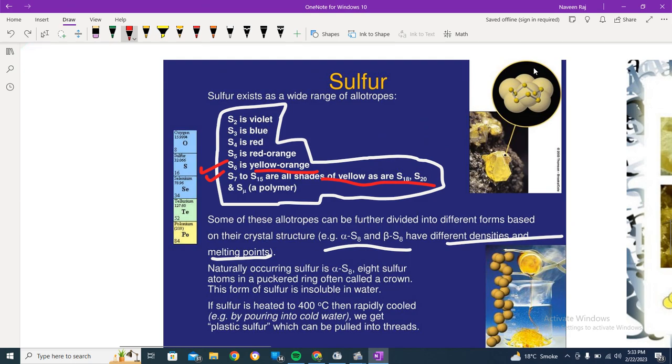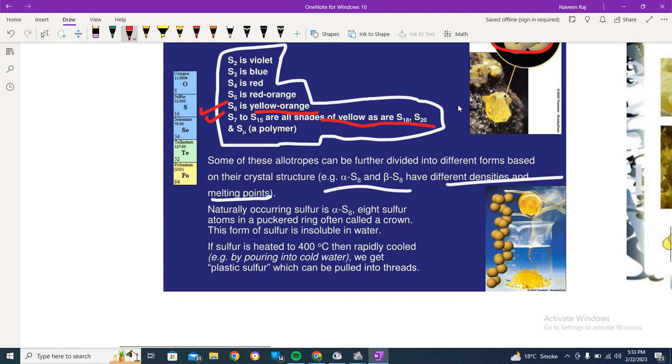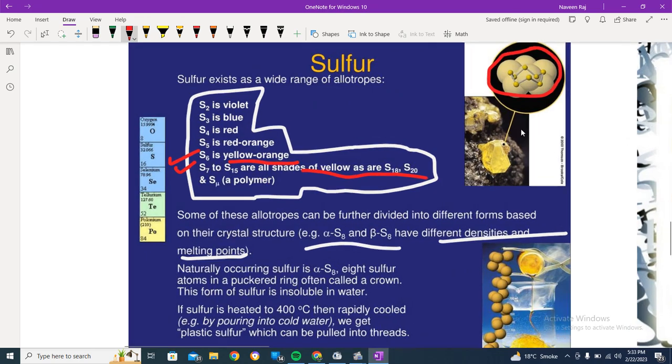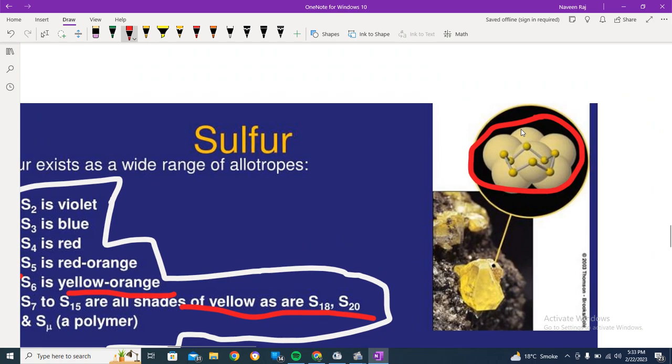Okay, this one: we've got 8 atoms, an S8 arrangement, and this is alpha sulfur, and this is the crown arrangement. I want to zoom into it. You see, this is the crown arrangement. Let me make it clearer. This is the crown arrangement.